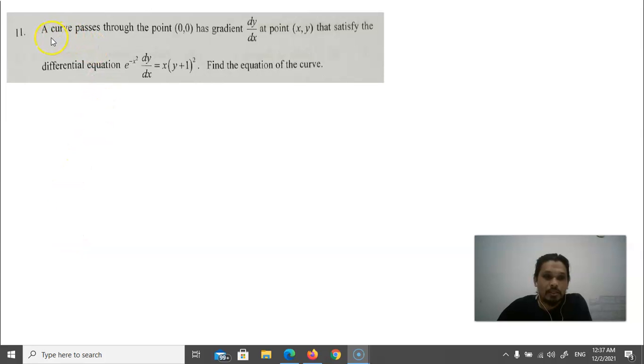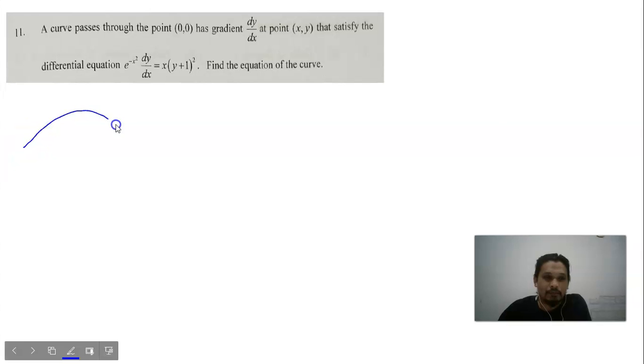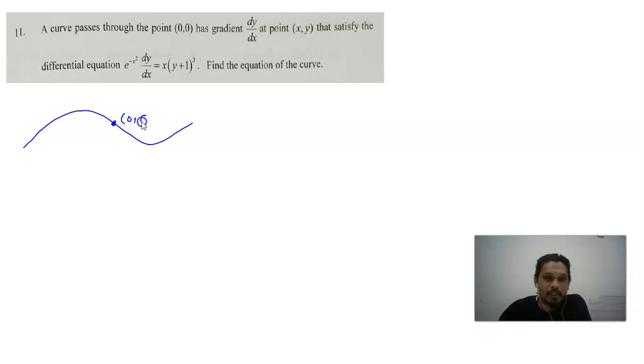So overall, this means that there's a curve passing through the coordinate of 0 and 0, which has a gradient of dy/dx at the point (x, y) that satisfies the differential equation e to the power of negative x squared dy/dx equal to x times (y plus 1) squared.